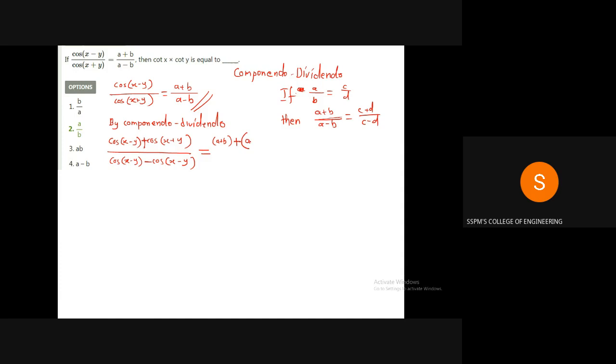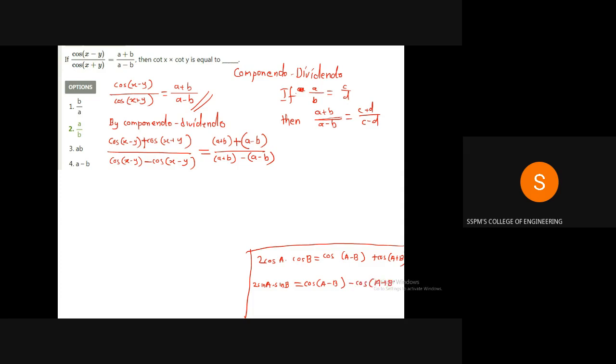And another formula is for sine: 2 sin a sin b is equal to cos (a minus b) minus cos (a plus b). So for cos A cos B, you have to write plus here, and for sin A sin B, it is minus here. So we will use these formulas here.